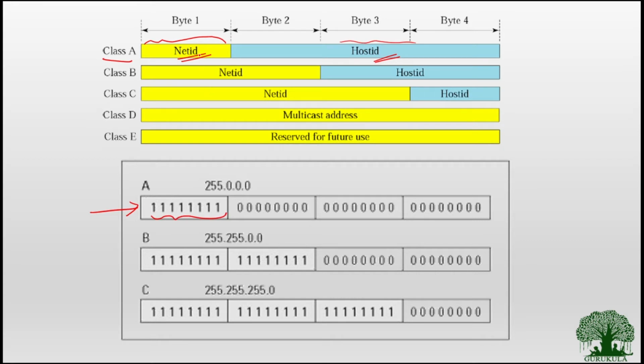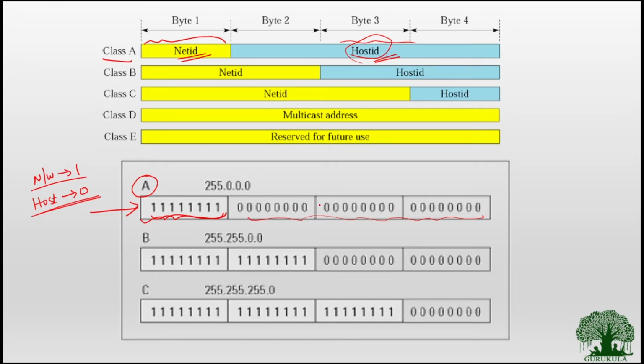The network part has to be represented with 1, and the host part with 0. So the first 8 bits are all ones, and the remaining 24 bits representing the host part are all zeros.